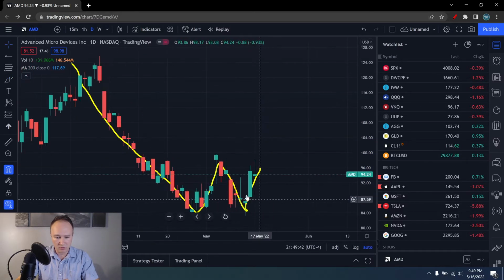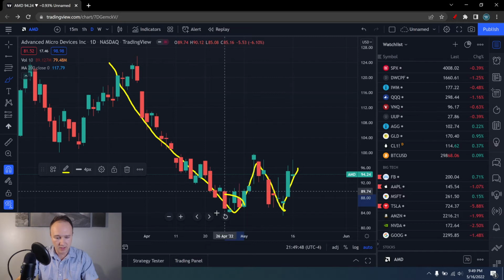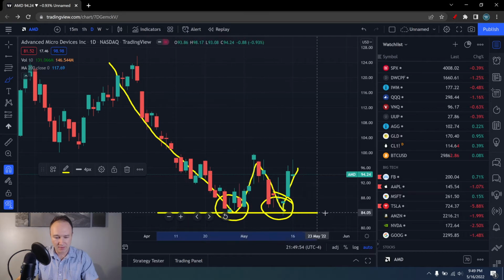But basically what we're looking at with these candlesticks is what's called a double bottom. You can see how this area right here and this area right here, they both kind of just bottomed out at that same range, that $84 range. So this starts to create really good support at that level, $84.